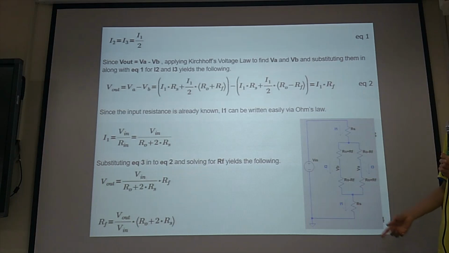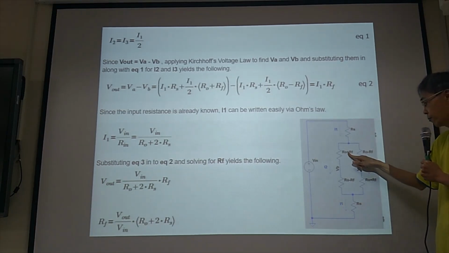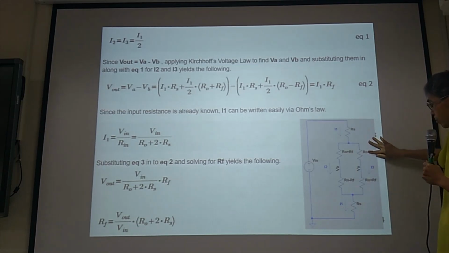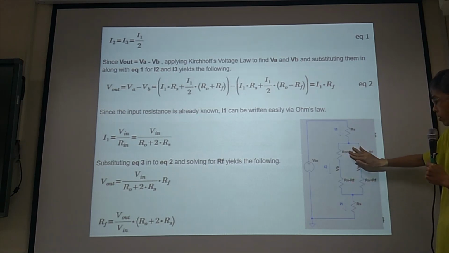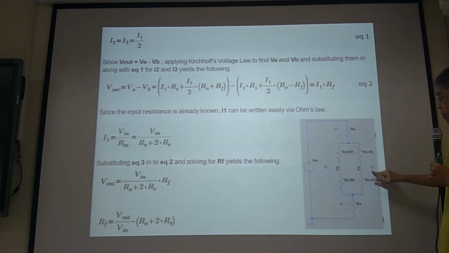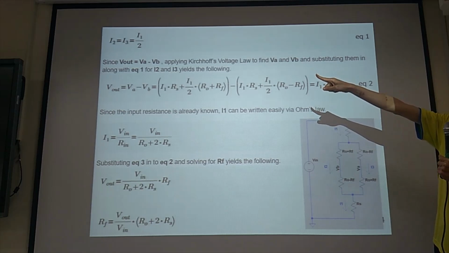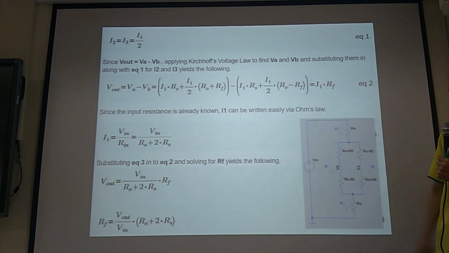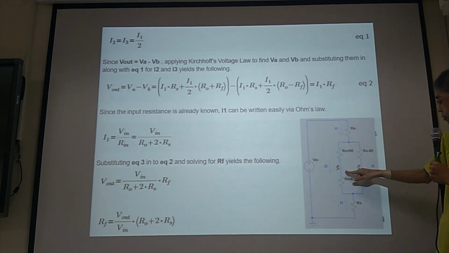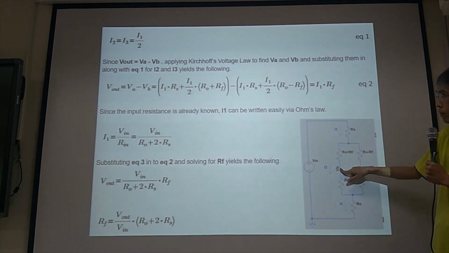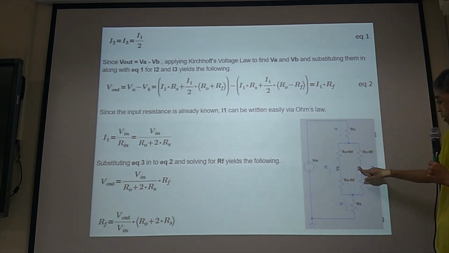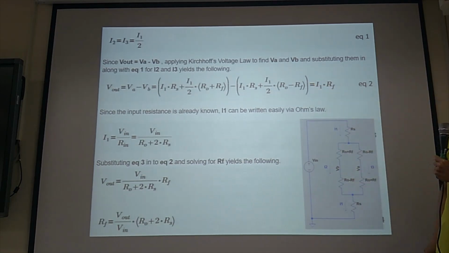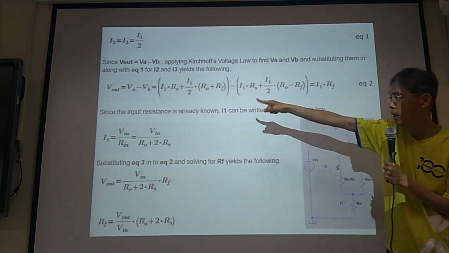Because RF is small compared to RO, we can just forget RF, so I2 and I3 should be the same. So I2 and I3 equal I1 divided by 2. Then Vout, this is VA, this is VB. We define Vout equal to VA minus VB.